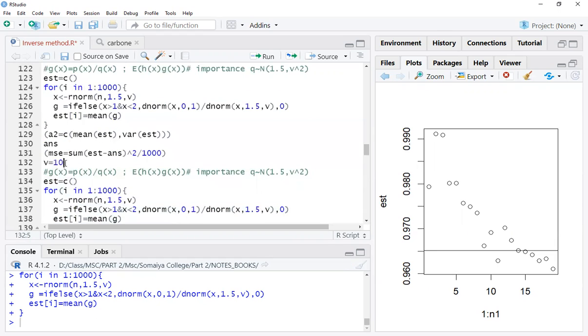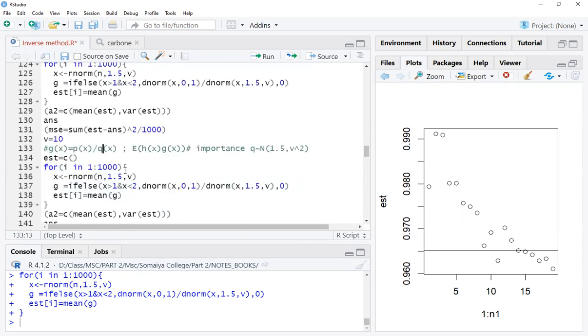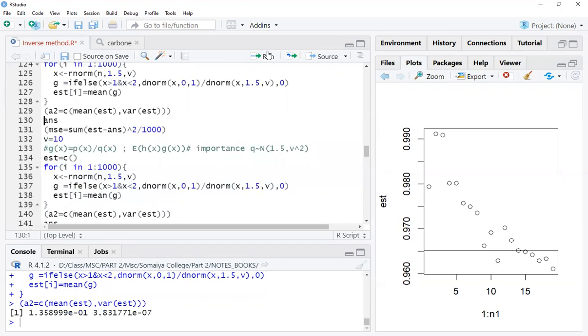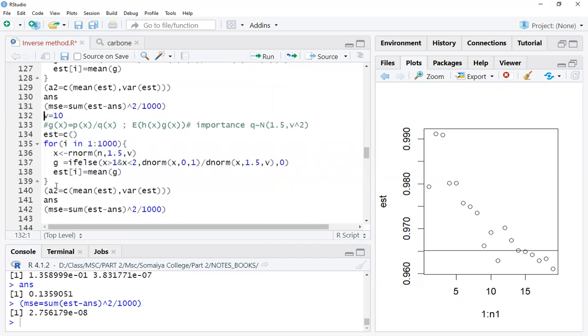And when you consider variance is 10, then what will be the result? This is your A2, right? And the answer, the variance again is tending to 0. Right? So if V is 10, then what happened?